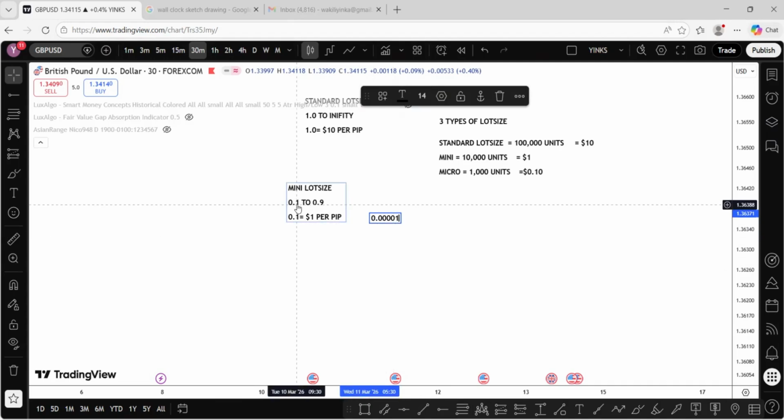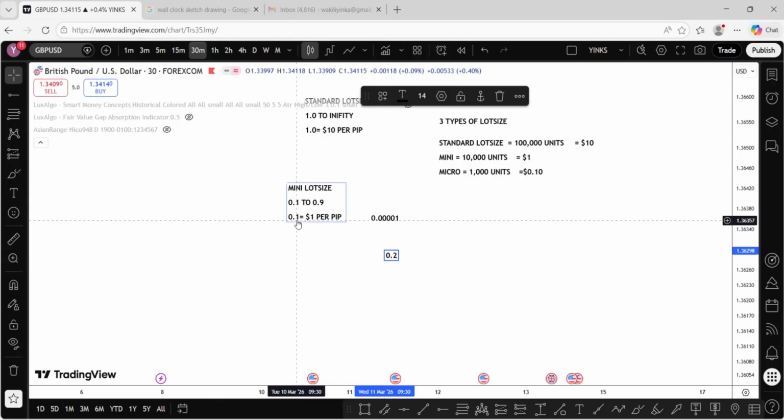Now, the more you increase your lot size, the more you increase the amount you're risking. So imagine you're entering the trade again with 0.2 lot size. That's mini lot size, right? That means this lot size is now doubled.